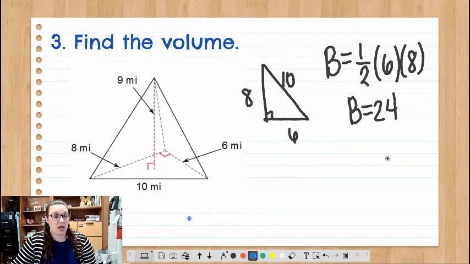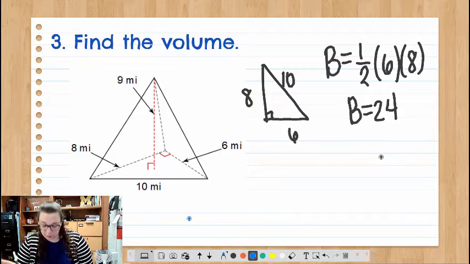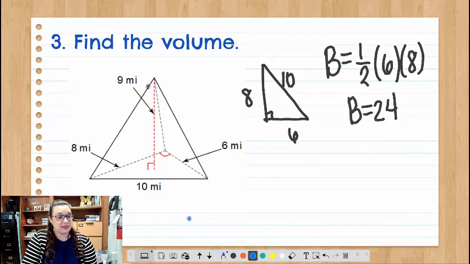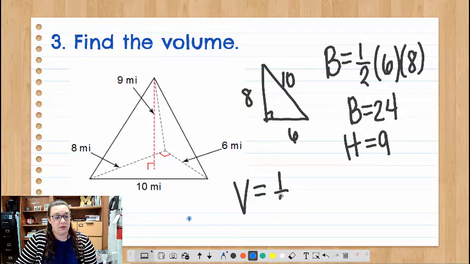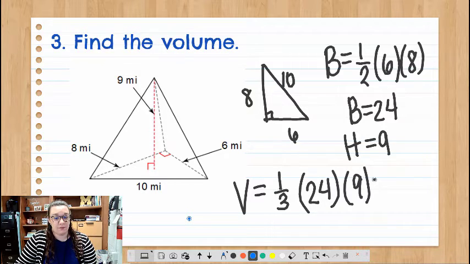And then the height of the pyramid, as opposed to the triangle, be careful there, is 9. That's the one from top to bottom, from the apex to the base. So height is 9. Volume equals 1/3 area of the base times height of the pyramid, which is 72 miles cubed.